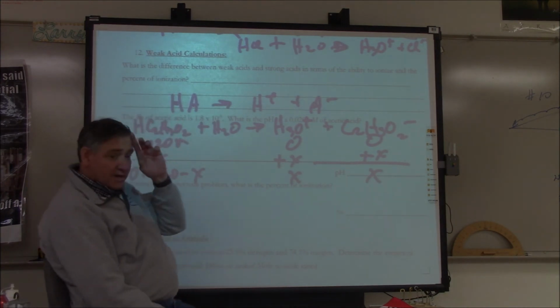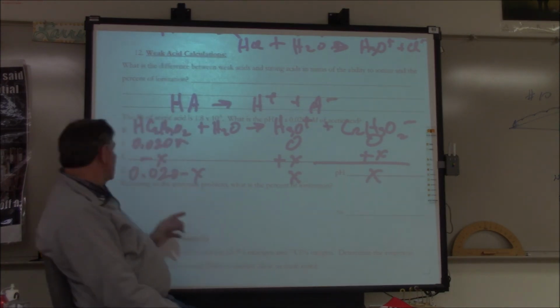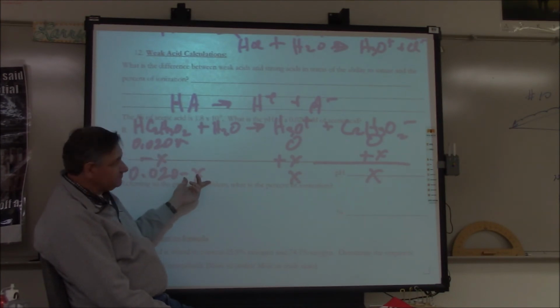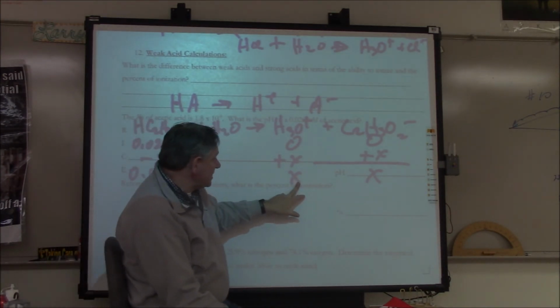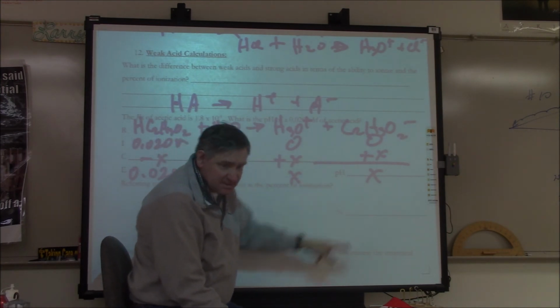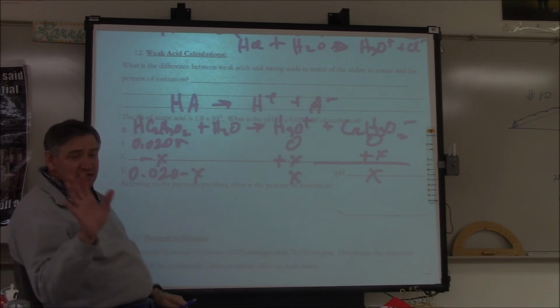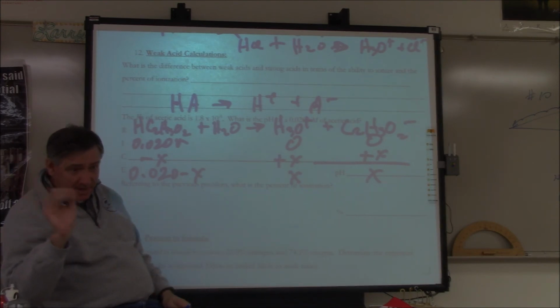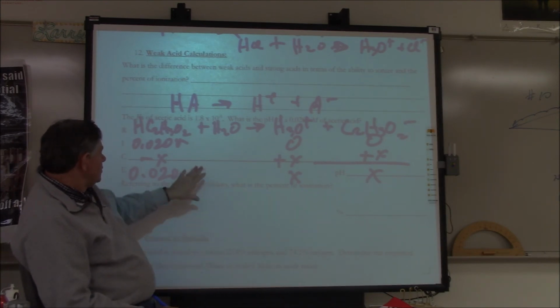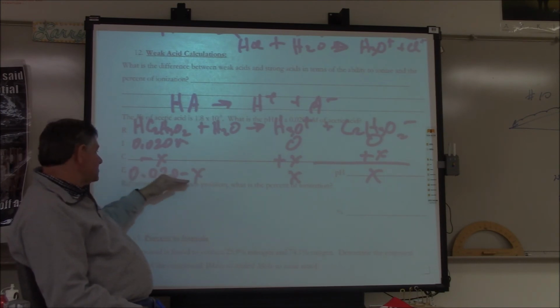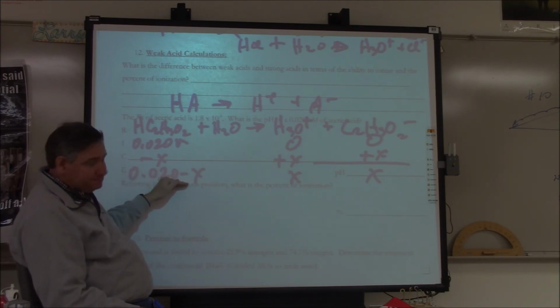So here's the story. At equilibrium, this is my initial concentration, and I'm going to lose some of it. This is going to become X. This is going to become X. Now, unless it's a very unique situation where I tell you to worry about it, you do not have to worry about subtracting this X, because this is going to be such a small number that it's not going to change this, okay?